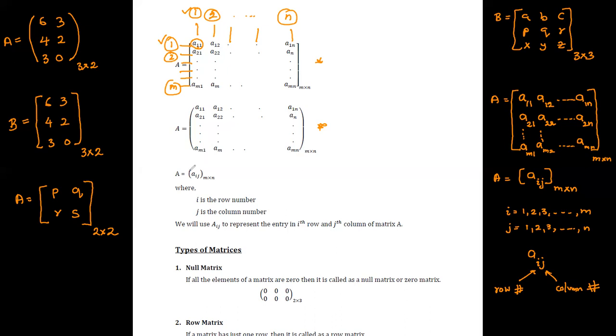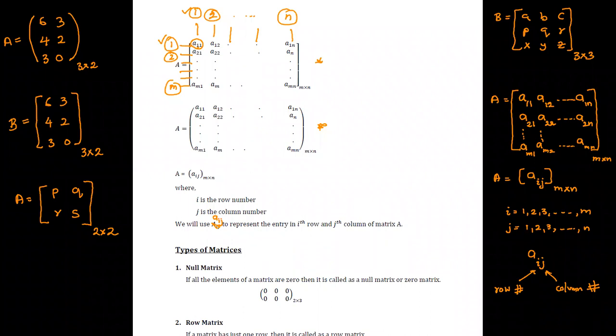Here we use lowercase letters aij to represent the entry in the ith row and jth column of the matrix. This is the definition and notation of a matrix.